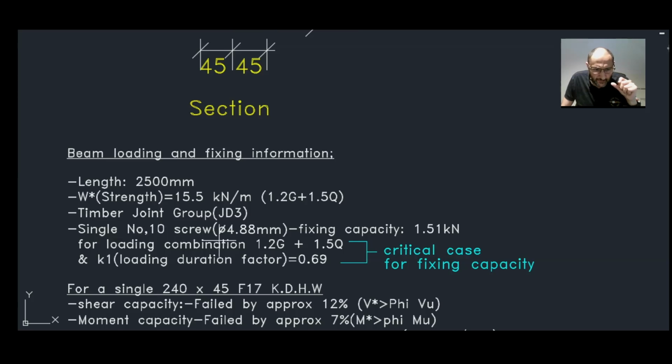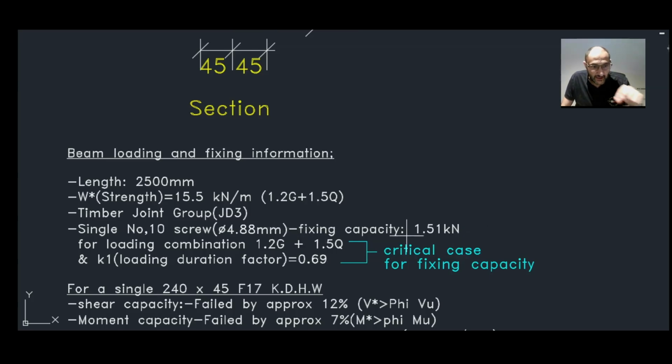The single number 10 screws were used, and that's 4.88 millimeters in shank diameter. And for the loading combination of 1.2 G plus 1.5 Q, the duration factor K1 was 0.69. Now that was also the worst case scenario for the screws.